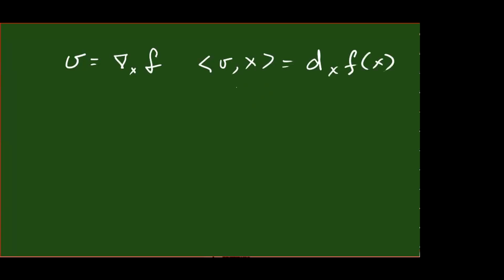Let me remind you what the gradient is. V is equal to the gradient at point P of f. That means that V is equal to d_P f. Let us try to make sense of it.